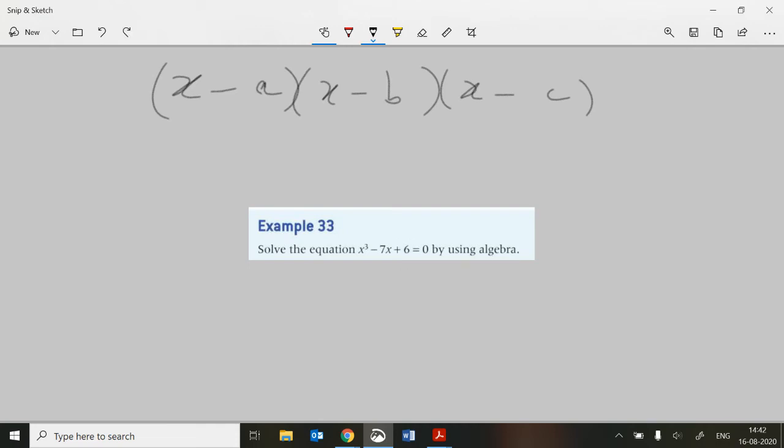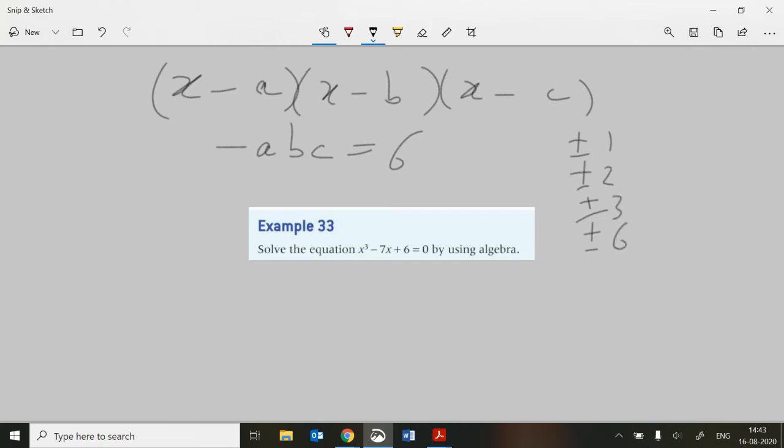So when we do minus A times minus B times minus C, two of those minuses are going to cancel, and we're going to get plus 6. So that means that, as long as we have a factorizable cubic here, A, B, and C are going to equal plus or minus 1, plus or minus 2, plus or minus 3, and plus or minus 6.